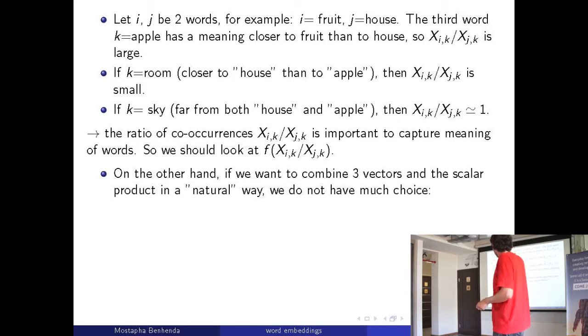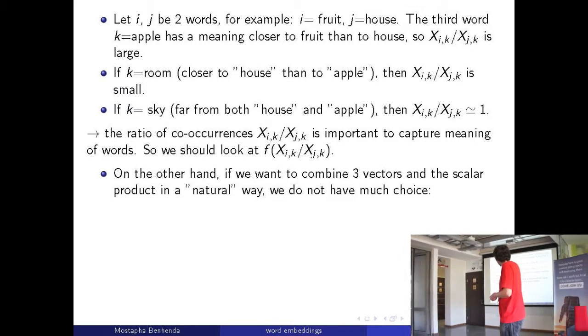So why is this observation good? Because it gives you the intuition that this ratio is important. So instead of just looking at X_ij, you look also at f of X_ik over X_jk, because you hope that it will be something magical. If you try to combine a scalar product of 3 vectors with something that looks like a ratio, you feel that you should do (v_i minus v_j) scalar v_k.